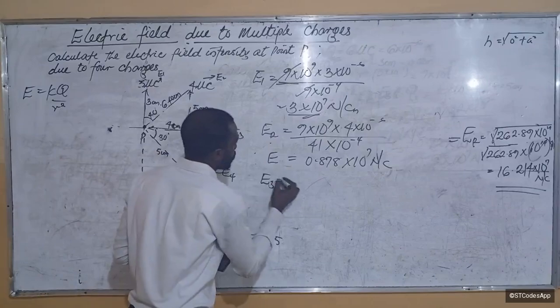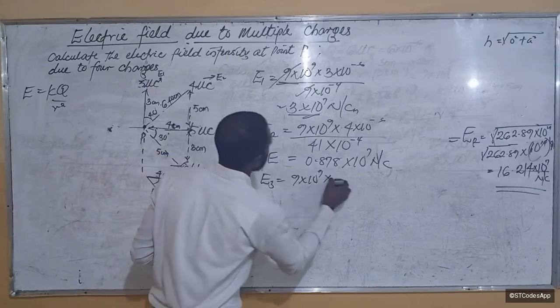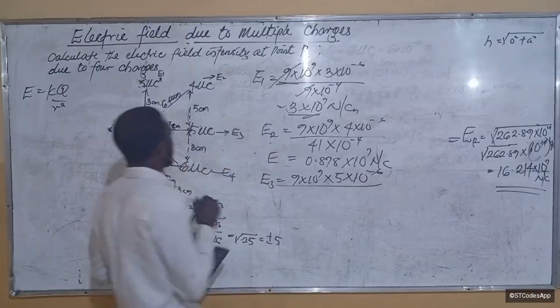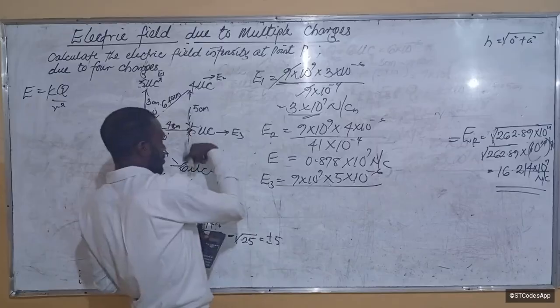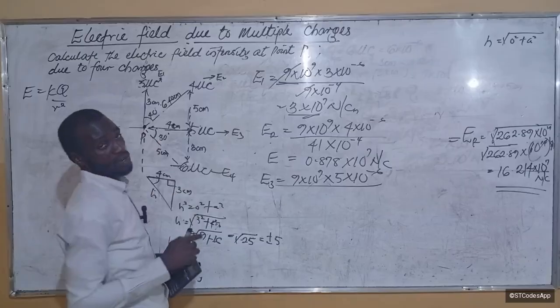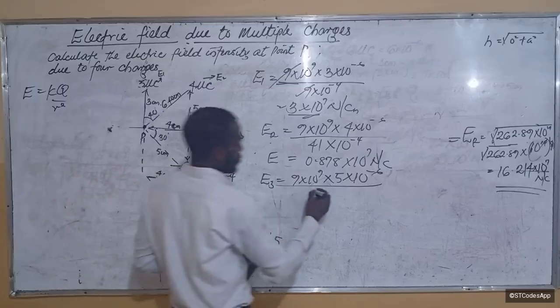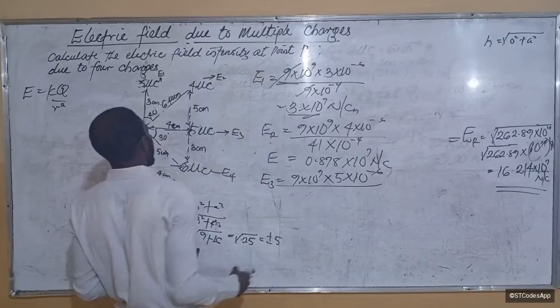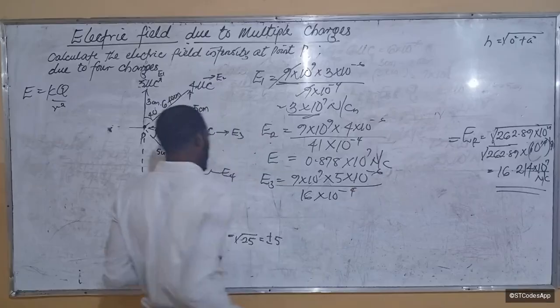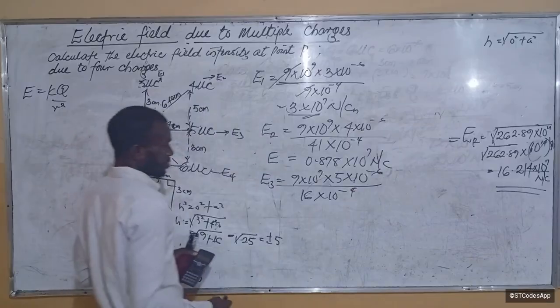Let's do it. E3 will be equal to 9 times 10 to the power 9 times this one, which is 5 times 10 raised to the power minus 6. This is the distance we are using, not this. This one is the distance between the two charges, not the point we are calculating intensity for. So 4 squared, 16 times 10 raised to the power minus 4, after converting to meter.